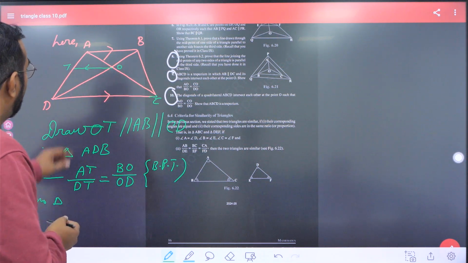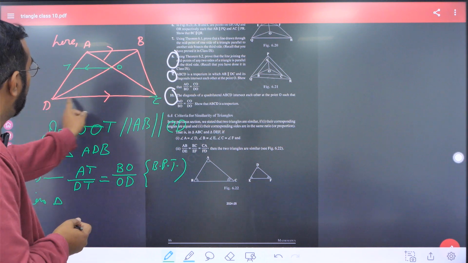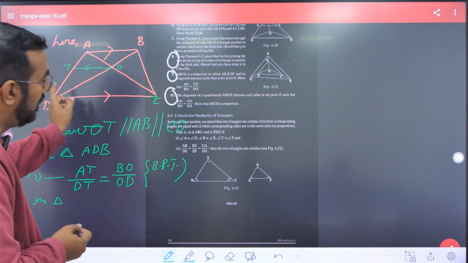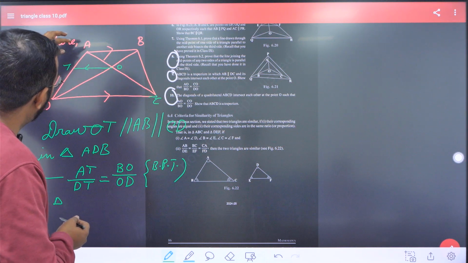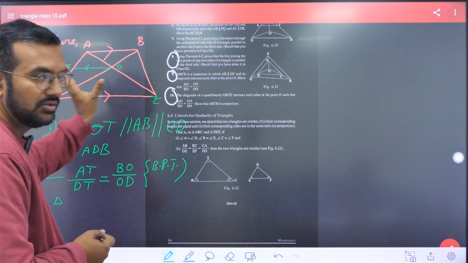Because when you take triangle ADC, you will get OT parallel CD, and you will apply BPT, you will get AT upon DT equals to AO upon OC.